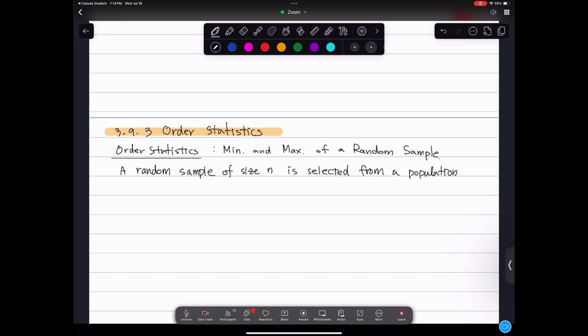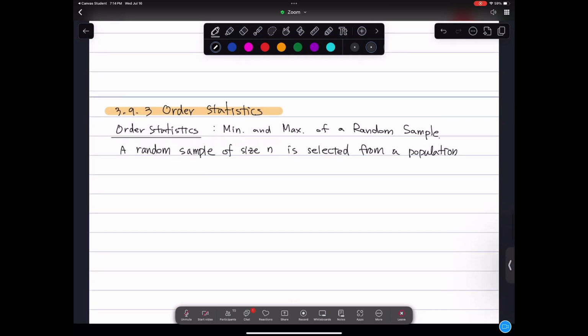In short, we say x1 is the random variable of interest, x2 the random variable of interest, so we have x1 through xn total, and they're IID. They're independent and identically distributed, and each one has exactly the same PDF. Let's use f of x, and exactly the same CDF, which is big F of x.